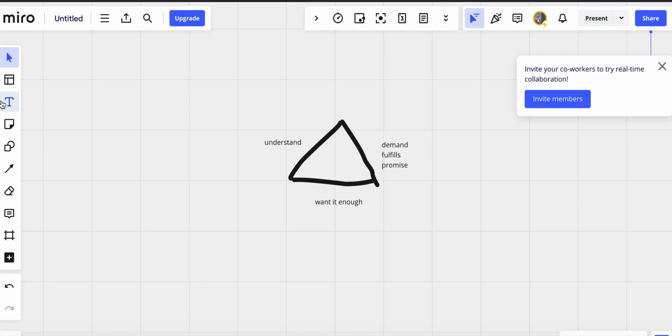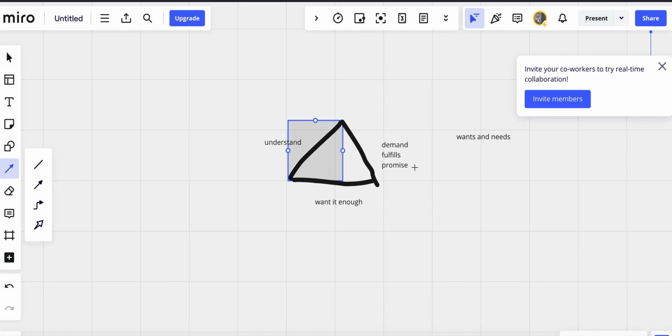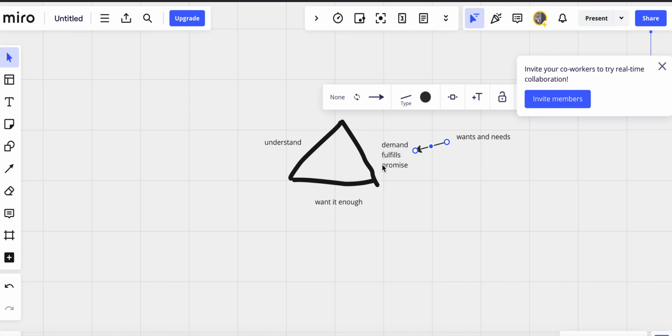So there's probably wants and needs out here, kind of in the ether, and they would then point to the demands that must be realized through understanding, and that they understand the needs and they want them enough.